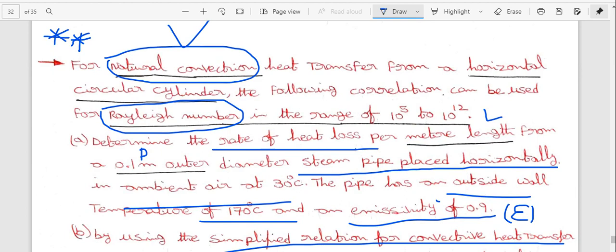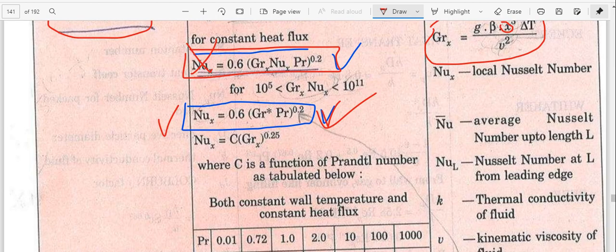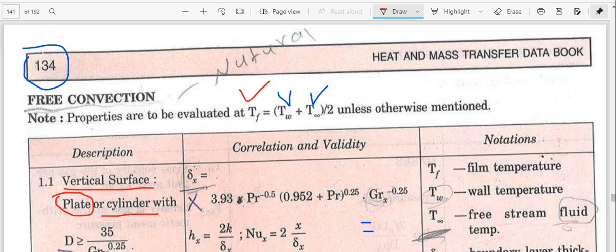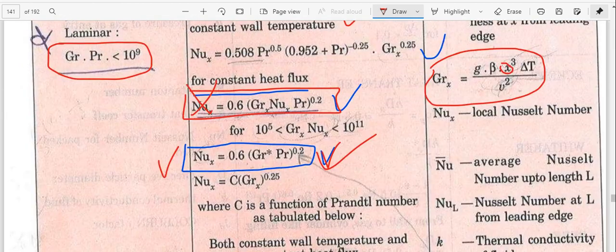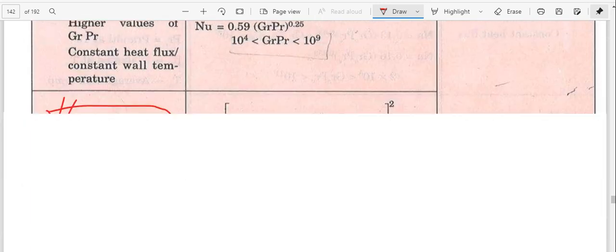So in this question we need to observe horizontal circular cylinders. So here natural convection, I am going directly to natural convection. For the horizontal circular cylinder, we need to check these description values, that means flow velocities and descriptions.